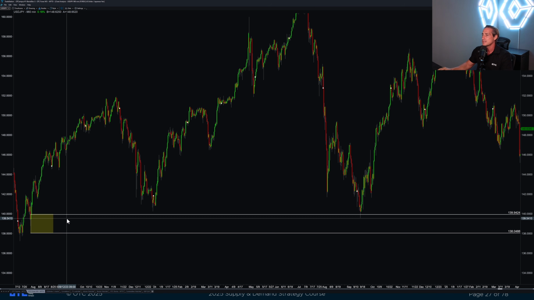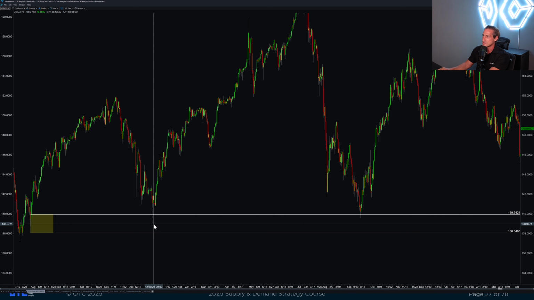One thing is that there is only a shallow touch. If we had a touch that goes down here, a very deep wick, I would say, okay, no, price went very deep inside the zone, so it most probably consumed all the orders, so there might be an imbalance maybe lower, but not anymore in this zone.